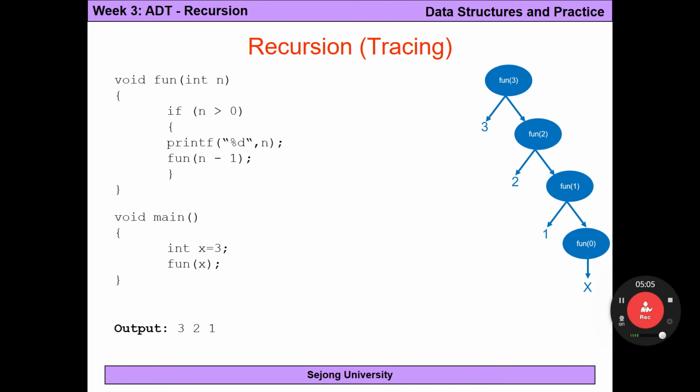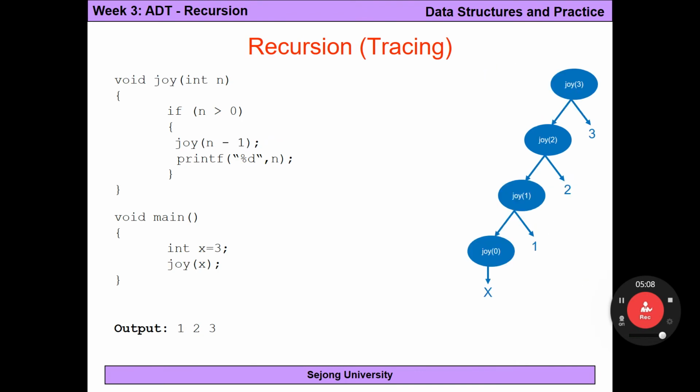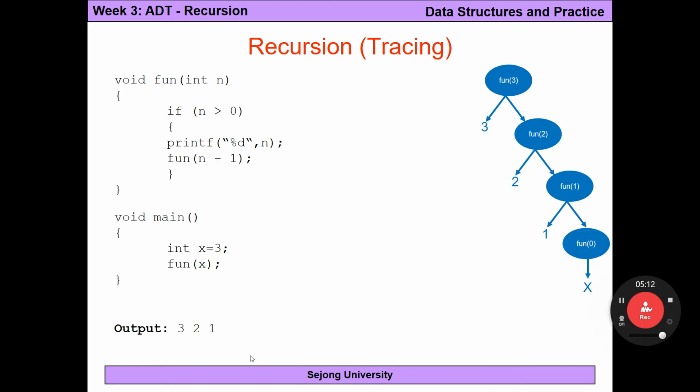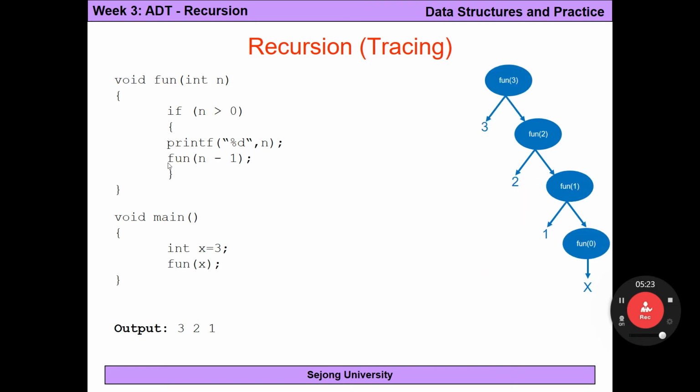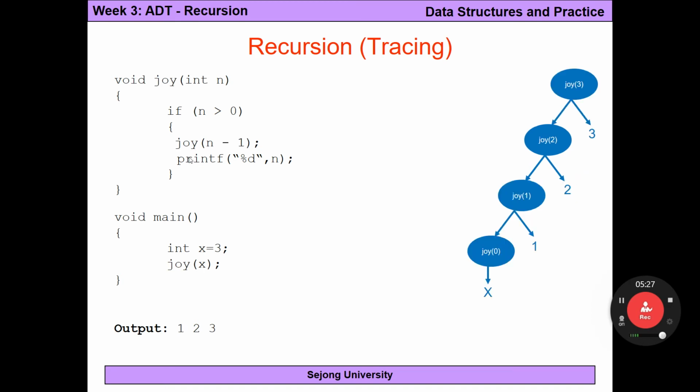Now you will see how it is ascending and descending. Here you can see 3, 2, 1, and here 1, 2, 3. Here is the tail recursion, and here is the head recursion.